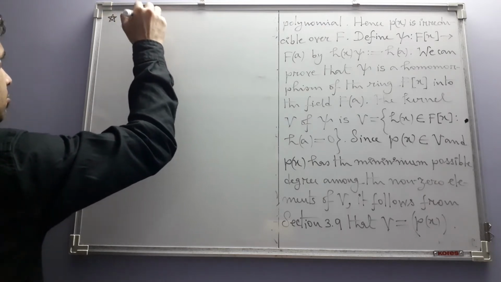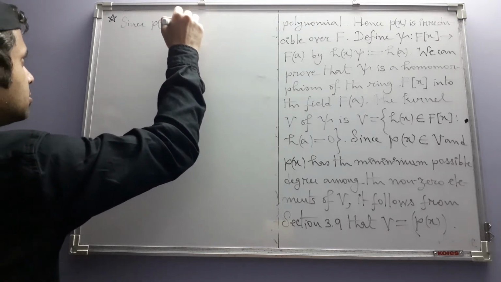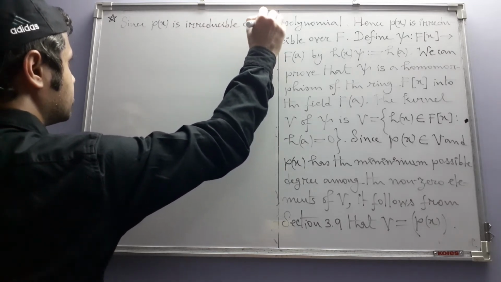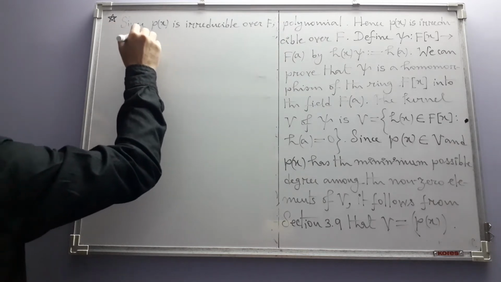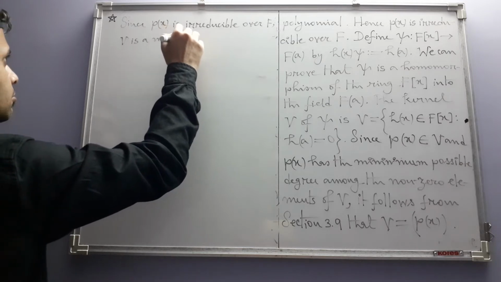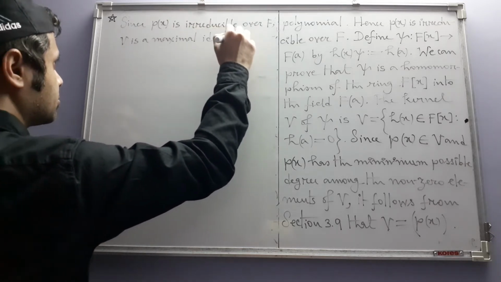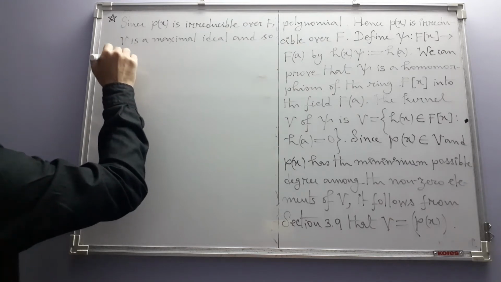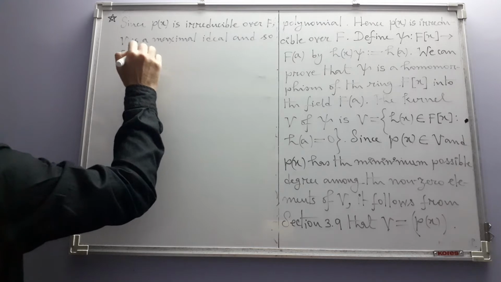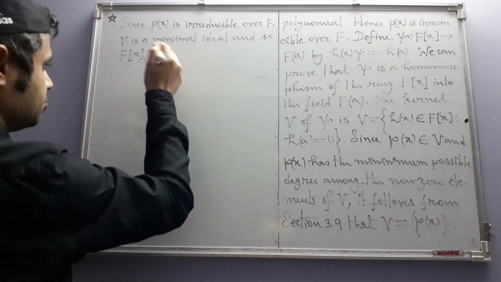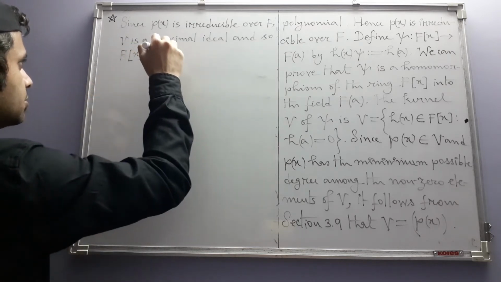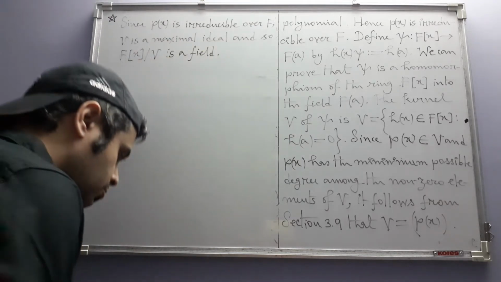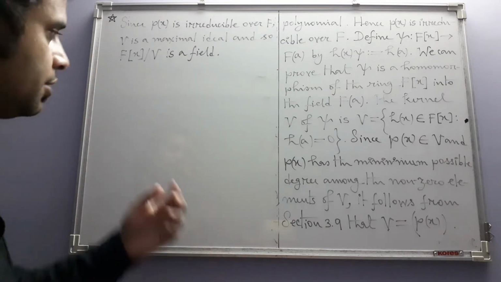Since p(x) is irreducible over F, V is a maximal ideal, and so the quotient of F[x] by V, which we can of course form since V is an ideal of F[x], is a field, because when you form a quotient of a ring by a maximal ideal, you get a field.